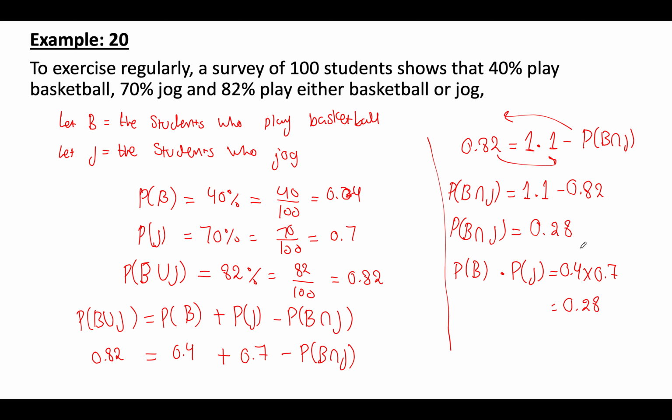From here, we can see that this is equal to this, which shows that those two events B and J are independent. So we can also find the independence of two events in an experiment by following these steps. And here we reach the end of this session.